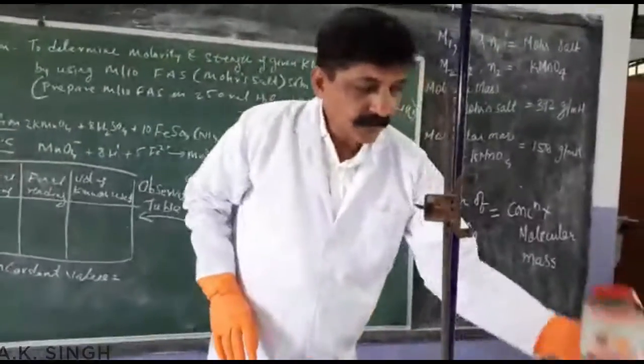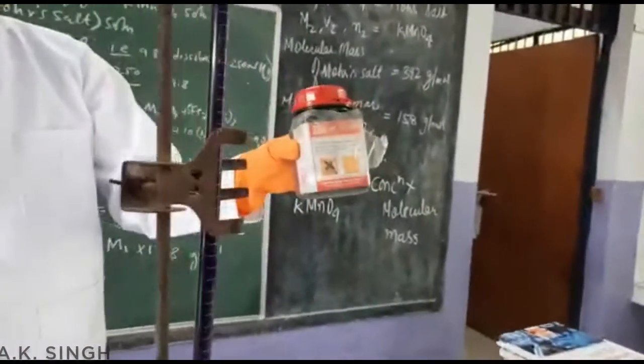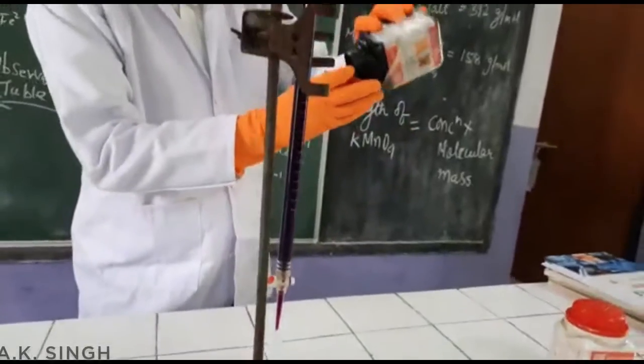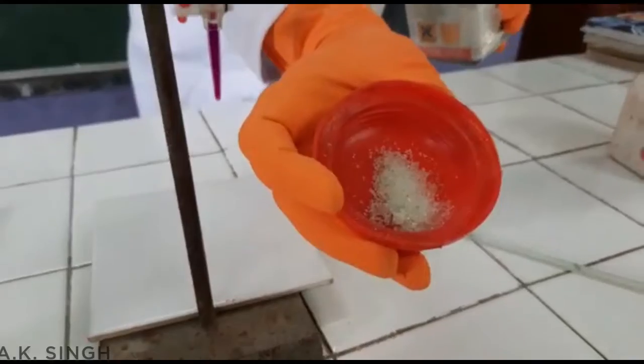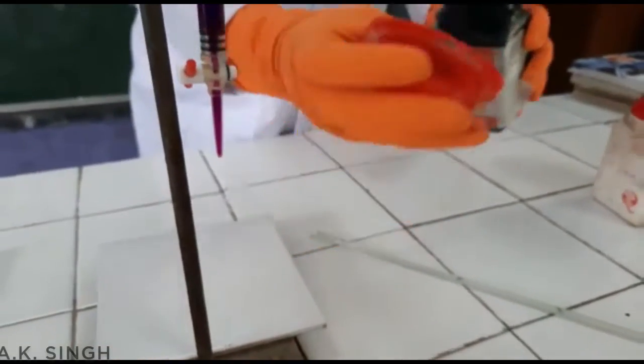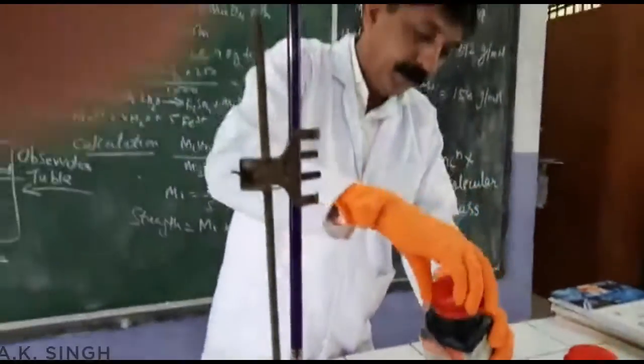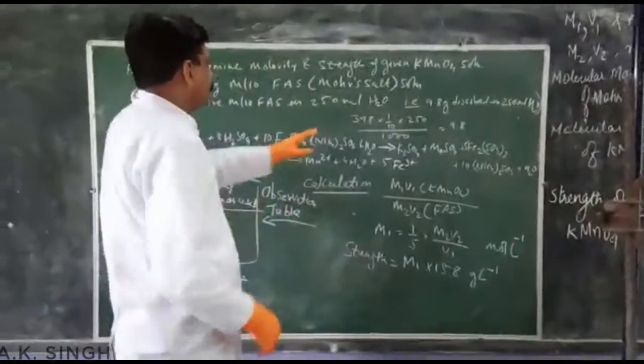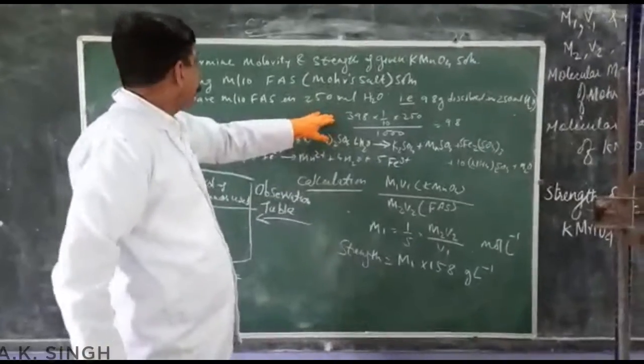For this, this is the ammonium ferrous sulfate salt, and this is the greenish color. Now, with the help of a digital balance, you have to weigh FAS using this formula.